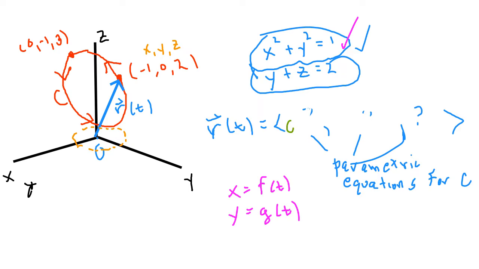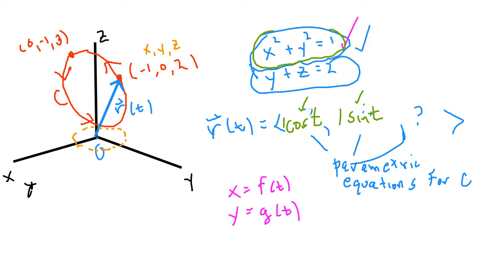Good, Albert. 1 times cosine of t, radius 1. And what about the Y component? Sine of t. Yeah, that's right. 1 times the sine of t. Okay, that makes sense. And notice that x squared plus y squared always equals 1 by choosing these components for x and y.